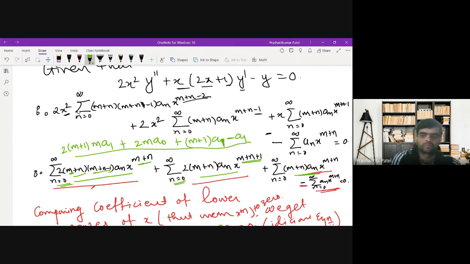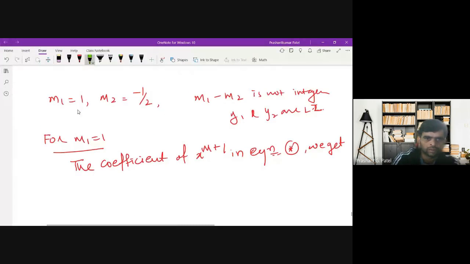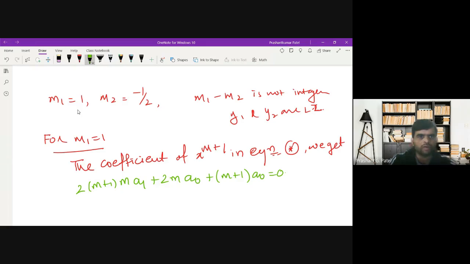Let us write down the same term here. That is 2 into m plus 1 into m a1 plus 2 into m a0 plus m plus 1 a0 equal to 0. Now we have already m is 1, so we substitute that value here.